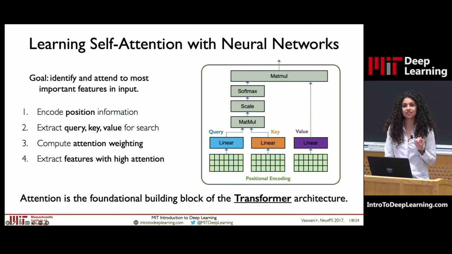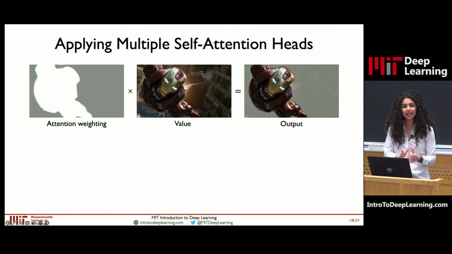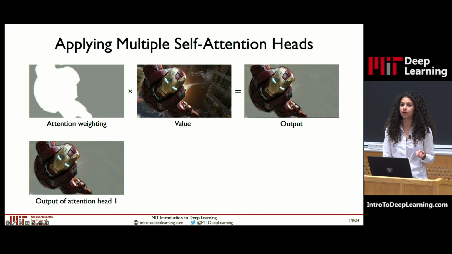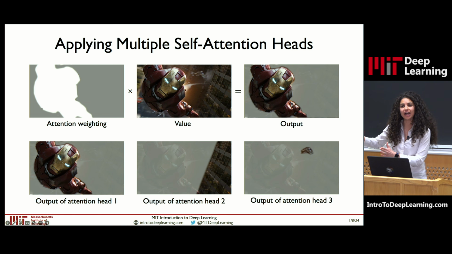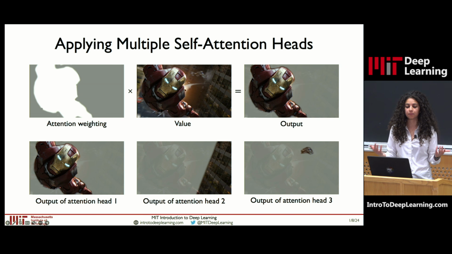And the way that this architecture is so powerful is the fact that we can parallelize and stack these attention heads together to attend to different features, different components of the input that are important. So we may have, let's say, one attention mask that's attending to Iron Man in the image, and that's the output of the first attention head. But we could have other attention heads that are picking up on other relevant features and other components of this complex space.